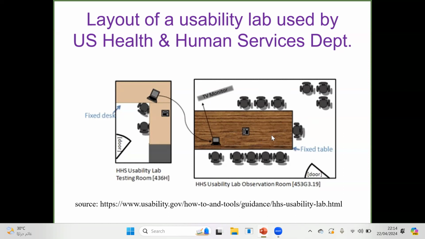They are monitored using the TV monitor and a camera, and are thus connected to the usability testing room, the usability lab, where the evaluators or researchers carrying out the usability testing usually sit and watch the participants.